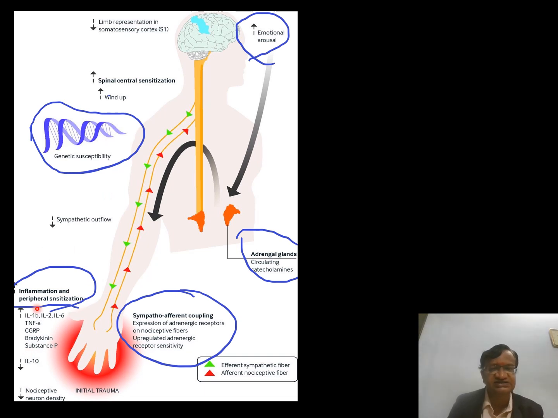There is a peripheral sensitization and a central sensitization. There is some link to the adrenal glands. So in a patient who has got a sympatho-afferent coupling and a genetic susceptibility, they may develop it in a patient where emotional arousal is there and is likely to get such pain.